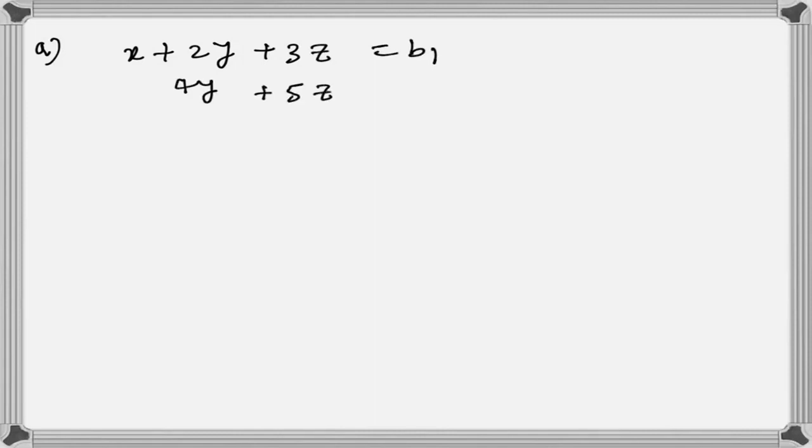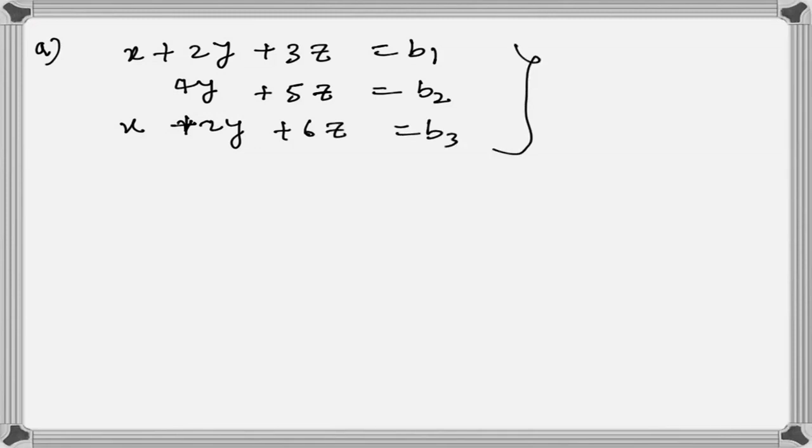So now let's take part A and see whether that system has at least one solution for all b1 b2 b3 from S. Okay, so the system is this: x plus 2y plus 3z is equal to b1, 4y plus 5z is equal to b2, and x plus 2y plus 6z is equal to b3.